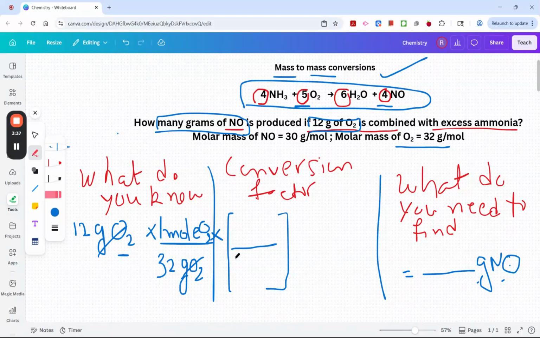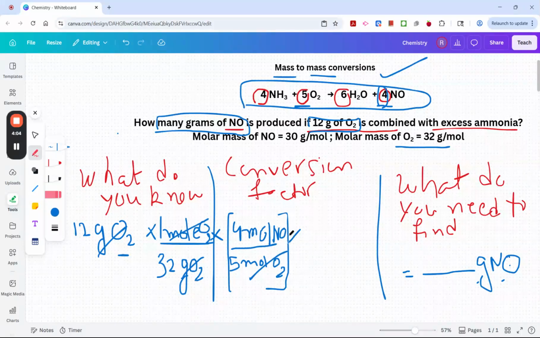That is 4. I want to cancel the oxygen, so I will write 5 moles of oxygen at the bottom and 4 moles of nitric oxide at the top. Moles of oxygen cancelled.